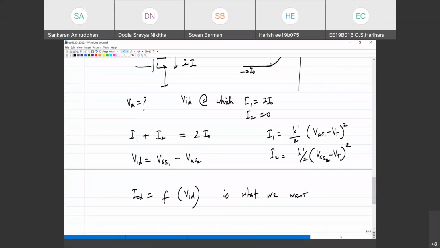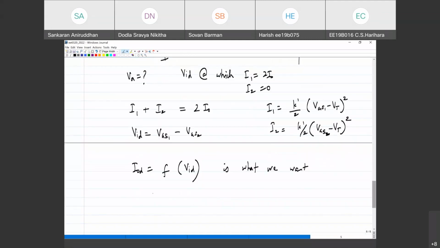And you will find that if the nominal currents are I naught each, this value VA will be something. Does anybody remember what this VA is?